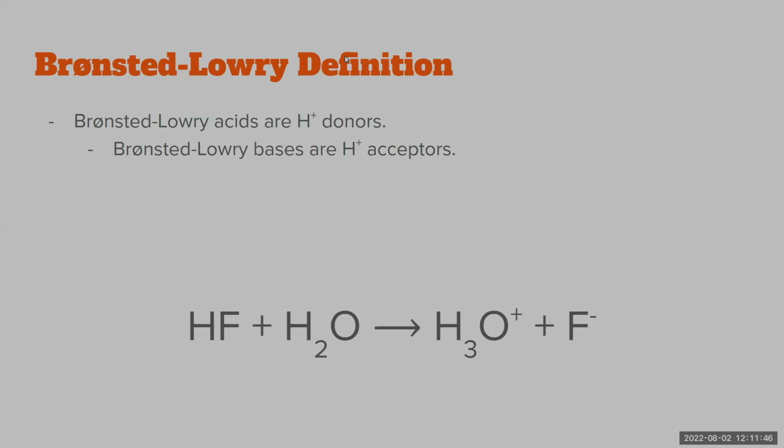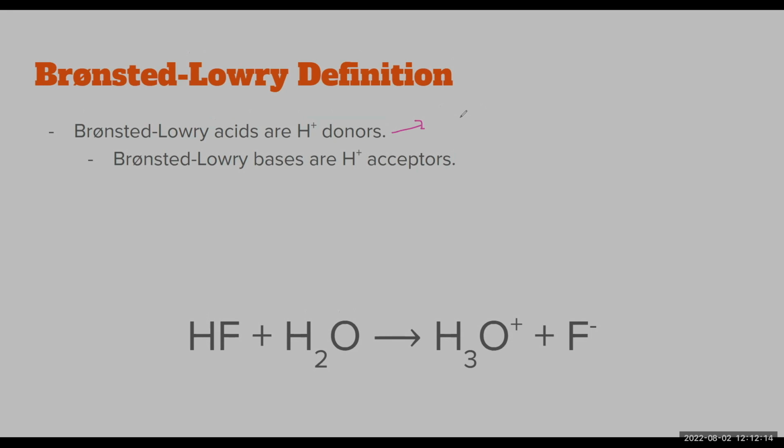So moving on, there's actually multiple definitions of acids and bases. So another definition that you'll want to be familiar with is the Bronsted-Lowry definition. And so the Bronsted-Lowry definition of acids and bases basically states that the Bronsted-Lowry acid is going to function as the hydrogen donor, or proton donor, more or less.